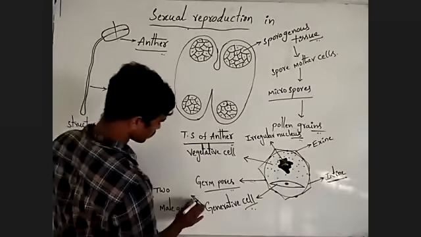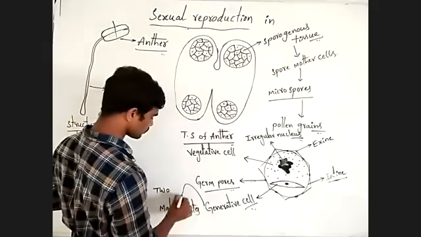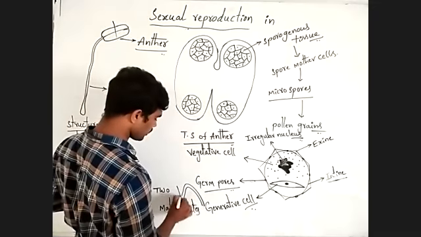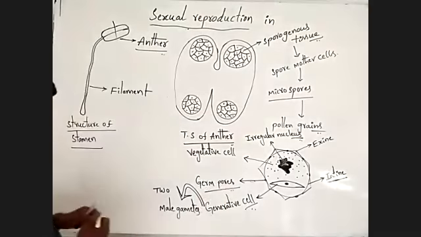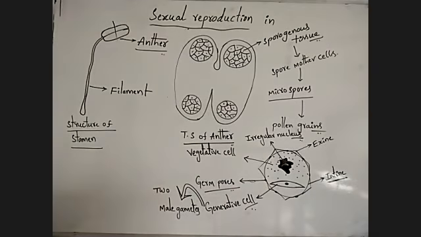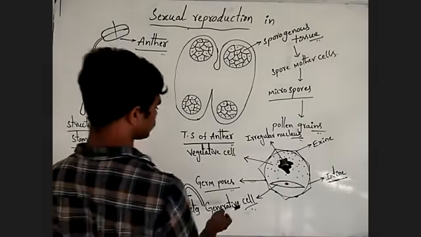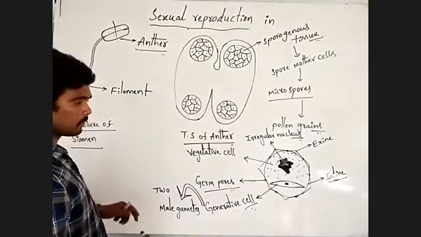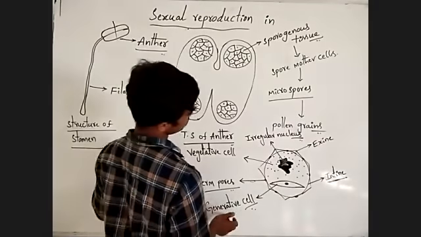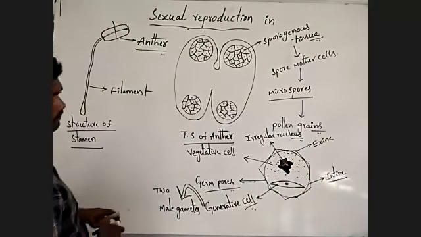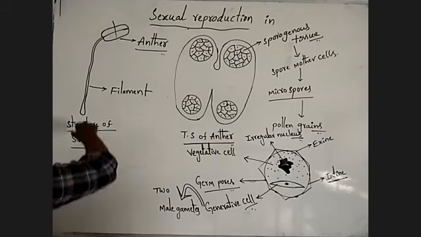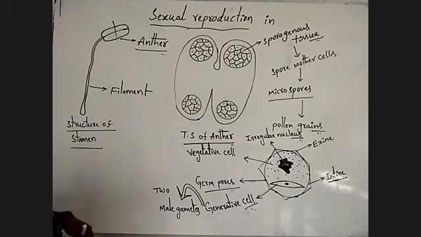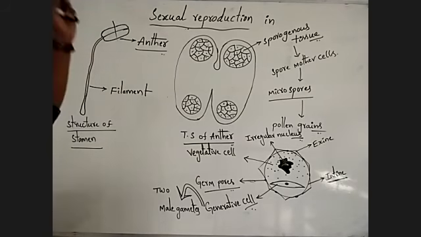Understanding? Two male gametes are produced from the generative cell. Okay. Observe all important diagrams and characteristic features.